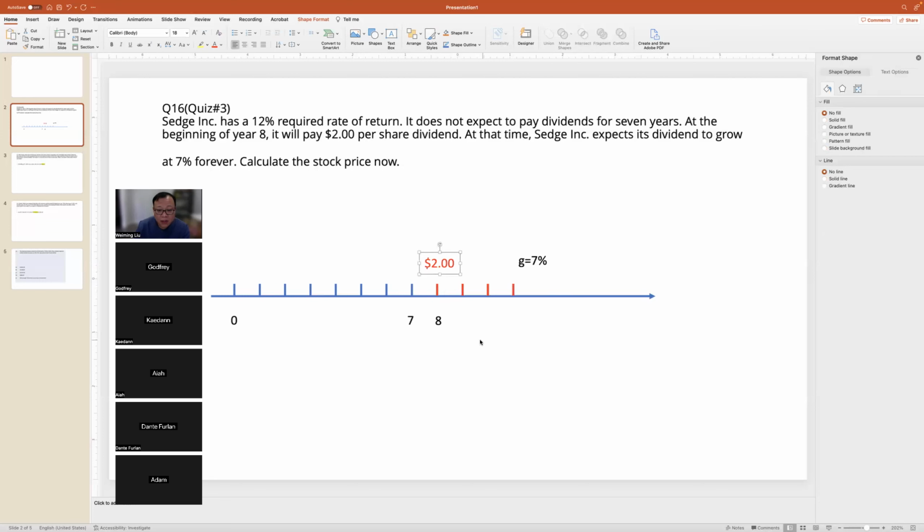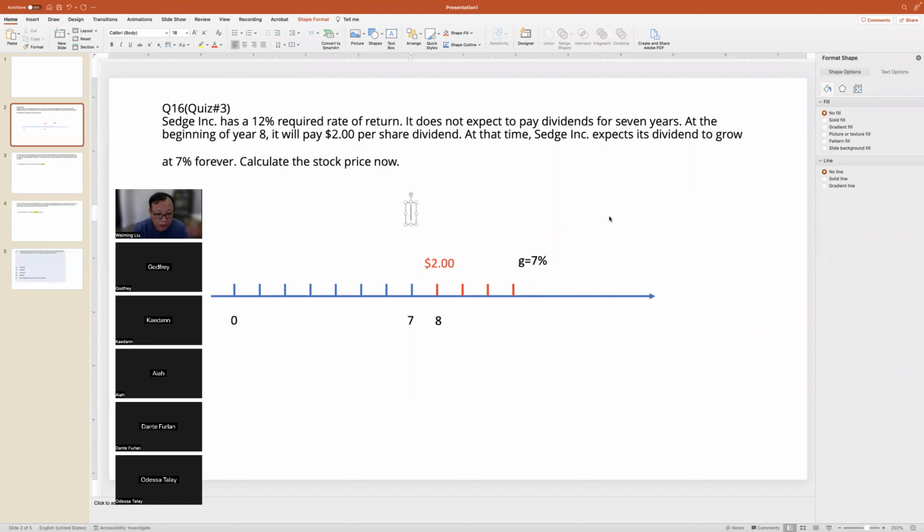For a growing perpetuity, we know the formula: the price at time 0 equals D1, the dividend a year after the price date, divided by the required return minus the dividend growth rate.